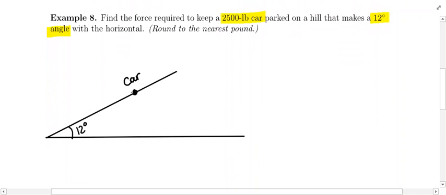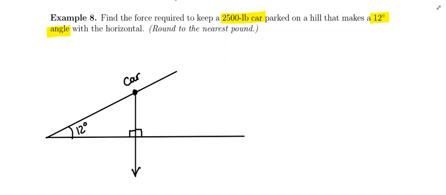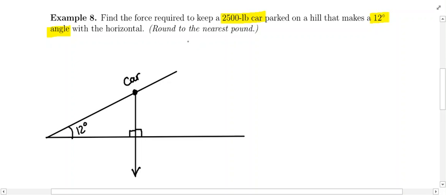So we're going to draw the weight vector here, and it will go straight down, like this. It is a vector, so you have to put a direction on it, and again, that is straight down. Since this is drawn straight down, that means this is a right angle, and that means this is a right angle. Now we know the weight is 2,500. That is the magnitude of this force vector, so we can go ahead and label that.